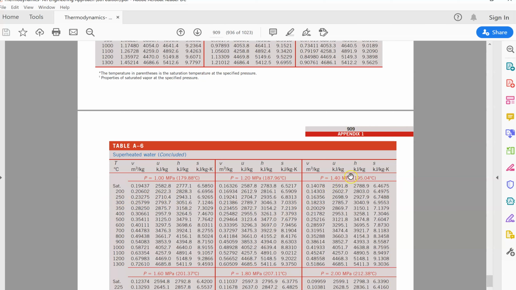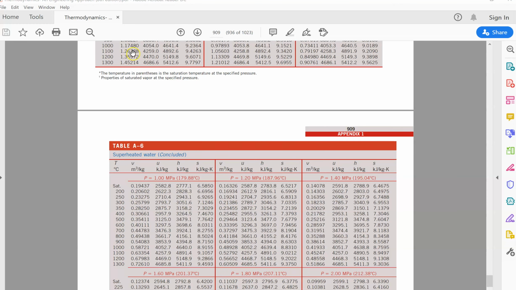We have 0.14, and we don't know the value of them, but we know the S. So where is the S? The S is actually in between here, correct? It's between 6.74 and 6.9, which means it calls for an interpolation. So let me just snip this.